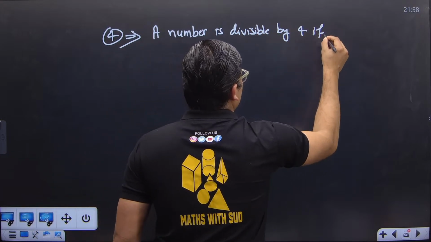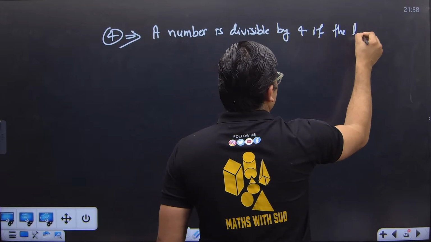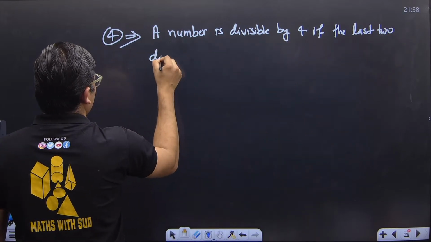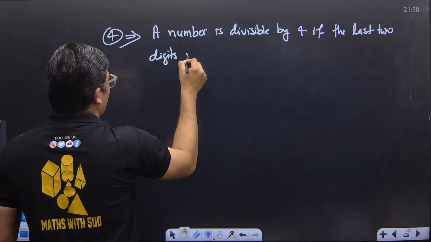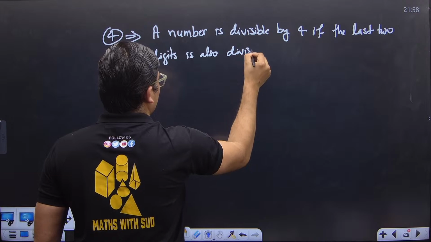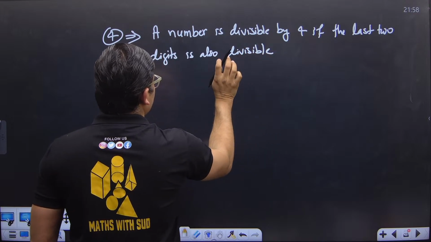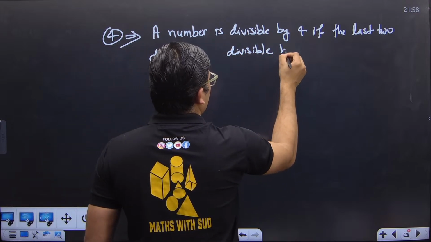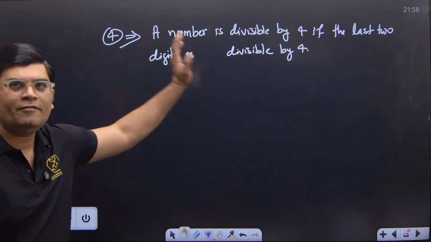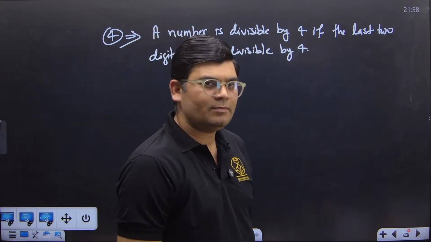If the last 2 digits of a number is divisible by 4, the number is also divisible by 4.